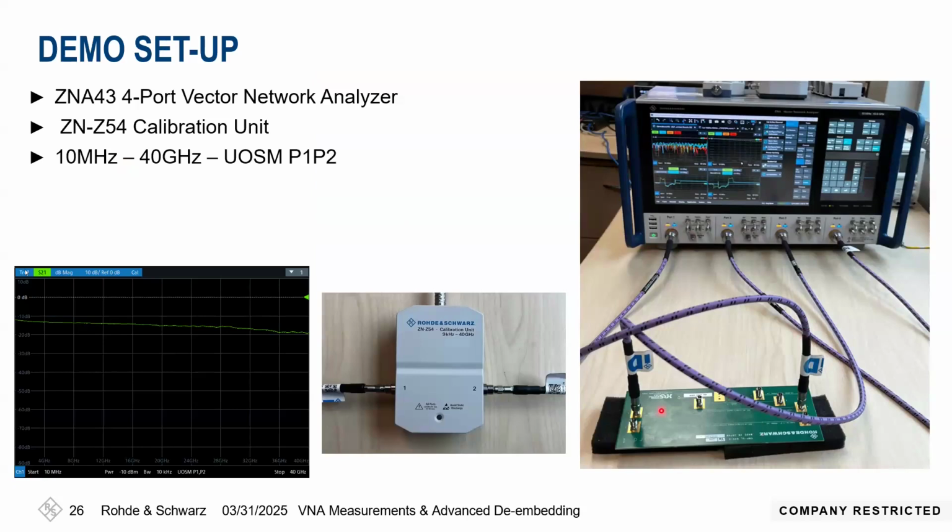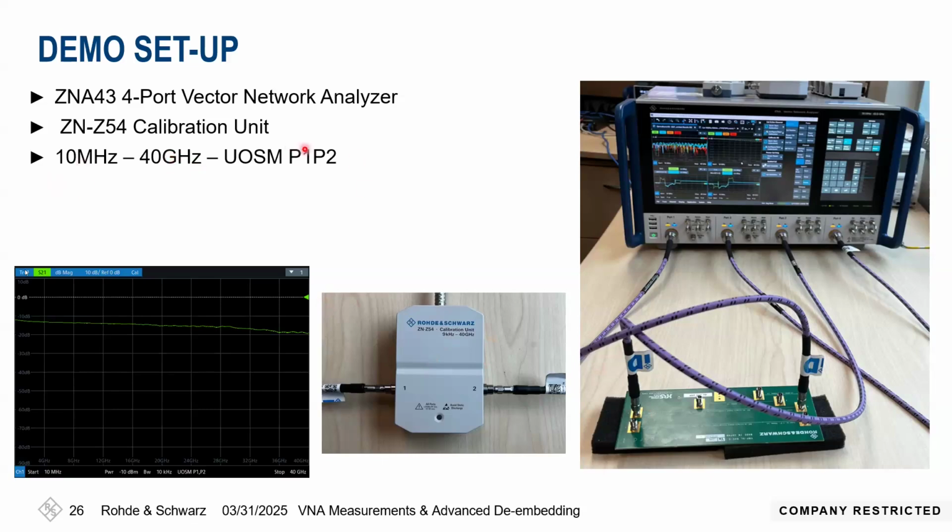It's single-ended, so I'll be using port 1 and port 2 of the vector network analyzer. The model I'm using is the ZNA 43, 4-port. This test setup I have already calibrated up to the end of the K-connectors over here using the automatic cal unit, which is the ZNZ54.